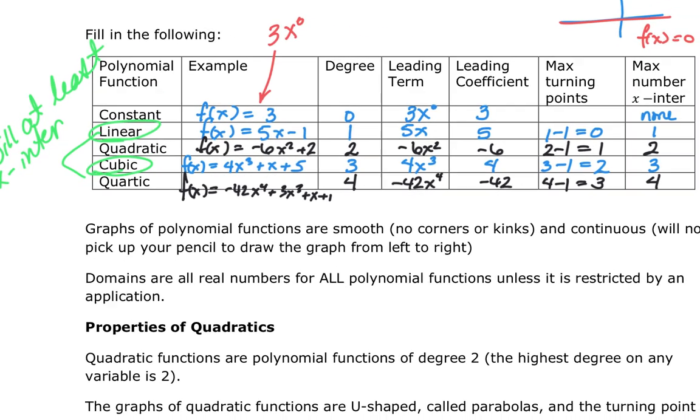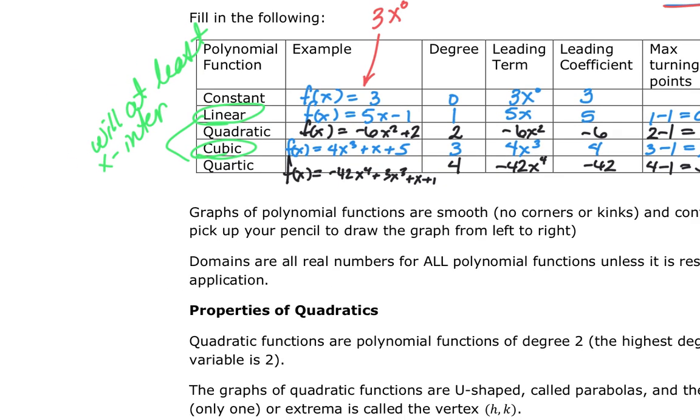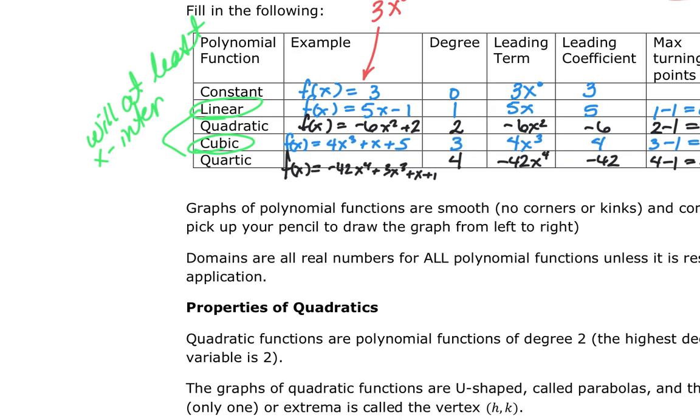And we're not guaranteed any turning points, but we are guaranteed at least one x-intercept. The ones that are even, quadratics, quartics, may or may not have an x-intercept.